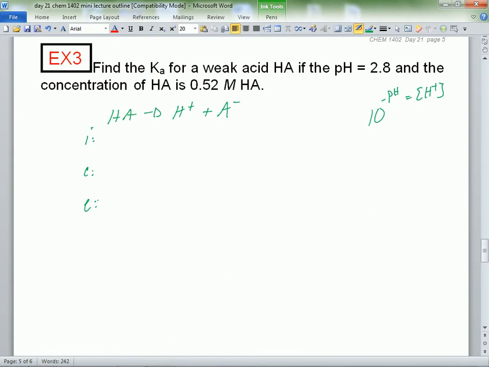Okay. So is this my H plus? Yeah. Well, 10 to the negative 2.8, not 10 to the negative 28. Oh, sorry.